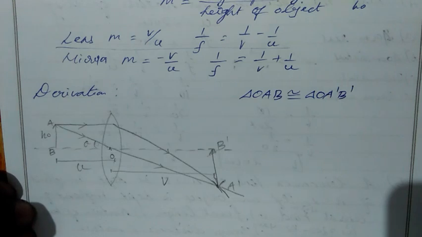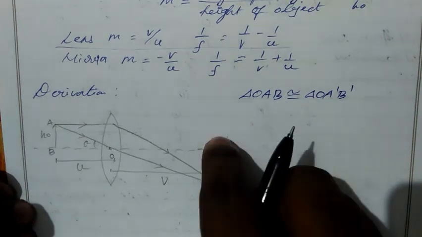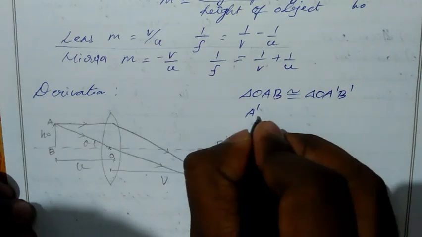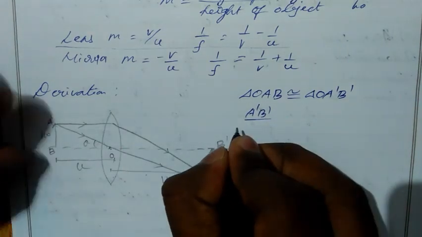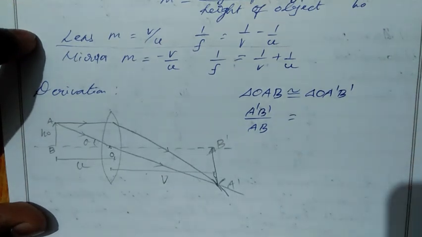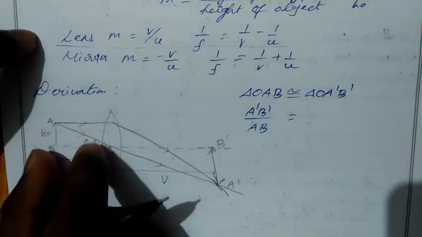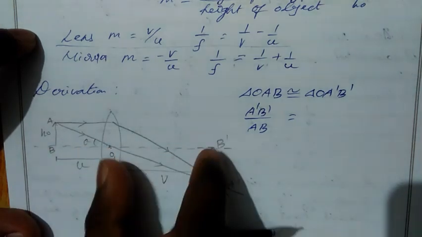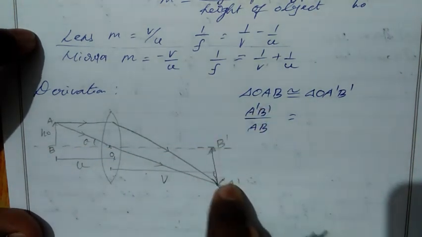If these two triangles are similar, we can take the image height divided by the object height, that is magnification. Image height divided by object height, A dash B dash by AB, is equal to this triangle's base divided by this triangle's base.